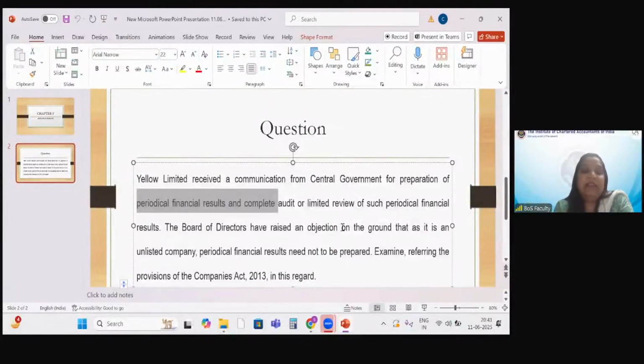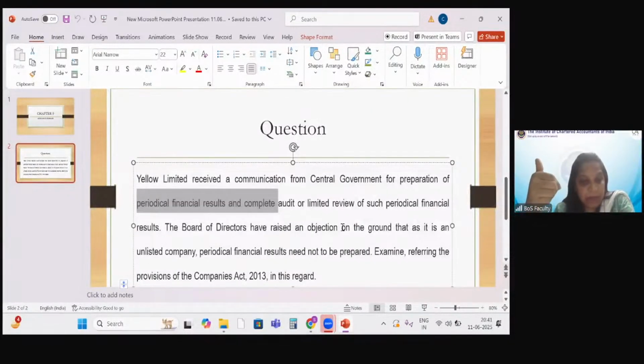It says that the central government may require such class or classes of companies, or any classes of unlisted companies, to prepare the financial results of the company on a periodical basis.